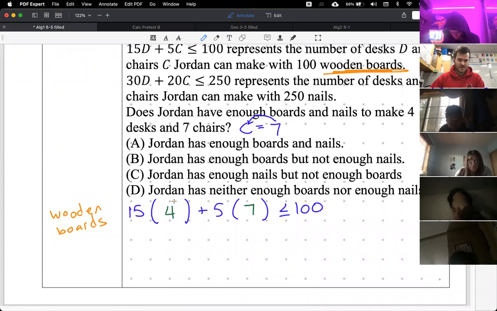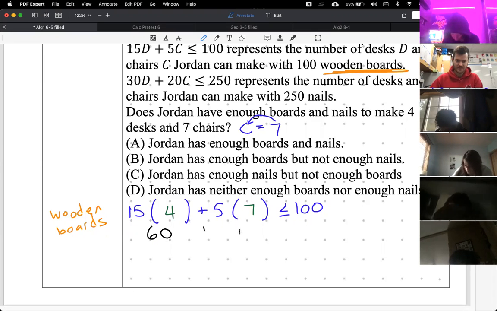All right, and this is just purely mathematics. Multiplying by 4, the cool little trick is multiplying by 2 twice. So 15 times 2 is 30, then double that again, 60. So 15 times 4 is actually 60. Then 5 times 7 is 35, less than or equal to 100.